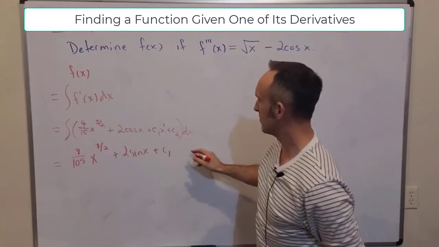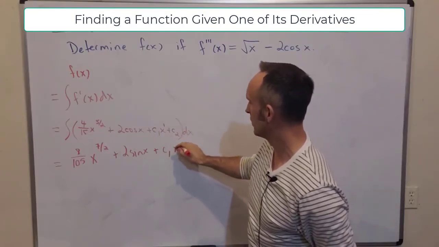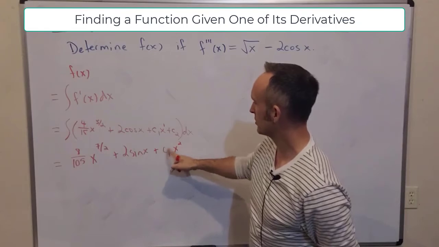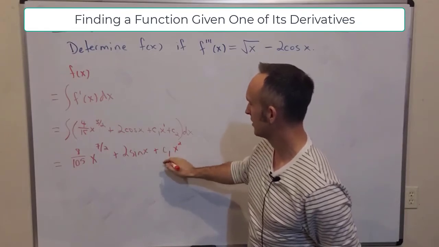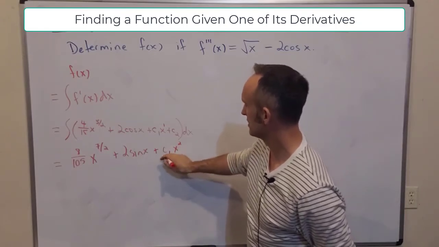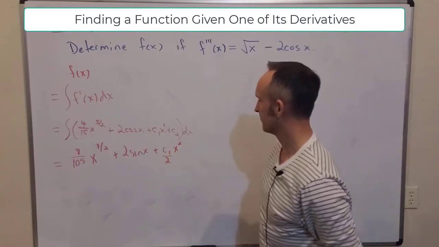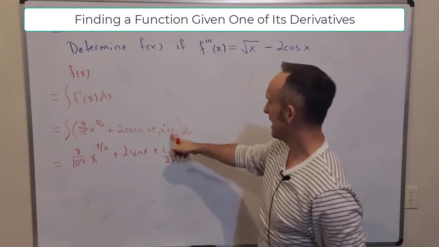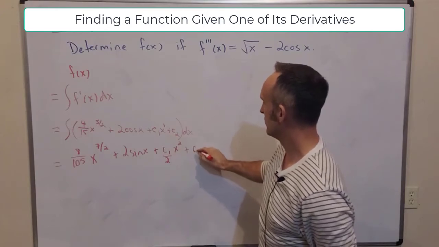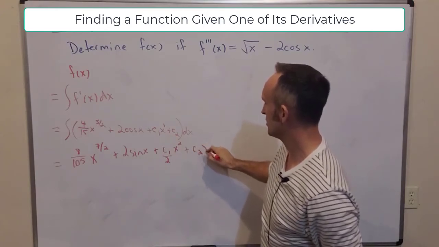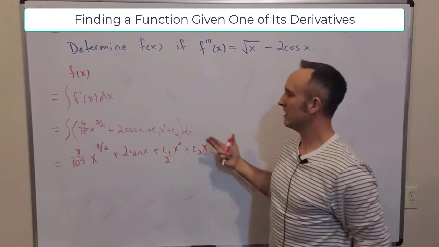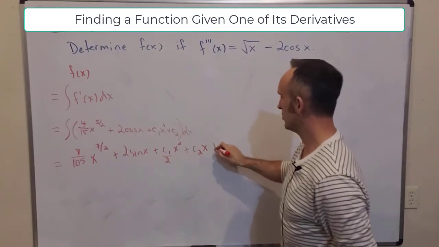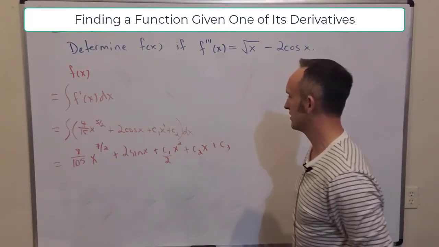So I increase that power by 1, giving me x squared, and then multiply by the reciprocal of 2, which is a half. So my new coefficient turns into c sub 1 over 2. Okay? Plus, anti-differentiating c sub 2, which is a constant, gives me c sub 2 times x. And then antiderivative of all of this introduces yet another constant, c sub 3.